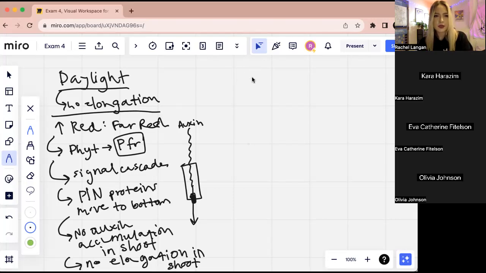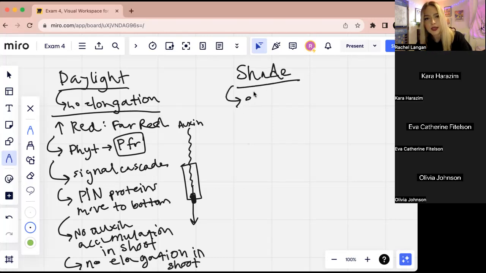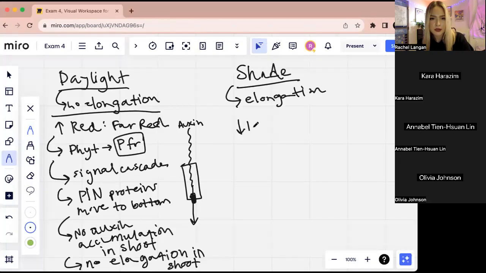Okay, so then what would the response be in the case of shade? So in the shade, we would expect, yes, there should be elongation occurring. So in the shade, we decrease the red to far red light ratio.